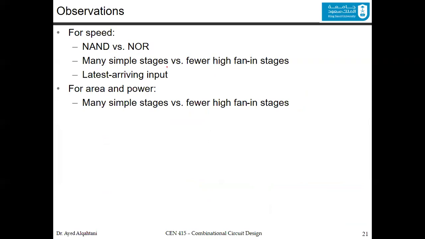Similarly, for many simple stages versus fewer high fan-in stages, we gave you an example for the multiplexer. Also the ordering, where the latest arriving input matters, so the commutative property is not equal anymore. For area and power, many simple stages versus fewer high fan-in stages is also important.